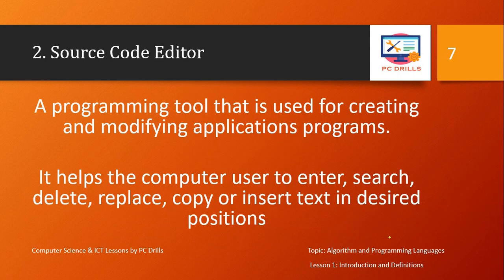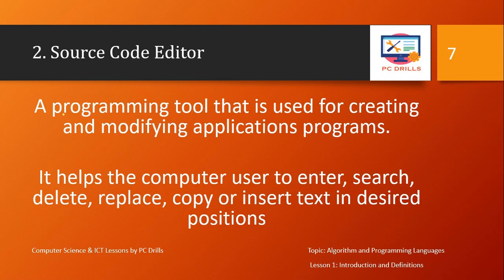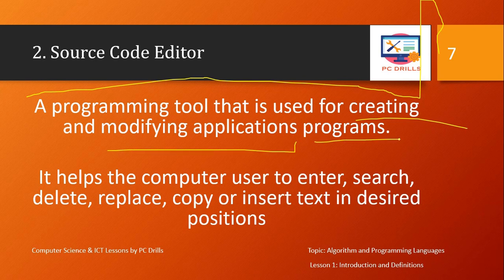Next, we have a source code editor. I've just explained most of it from this. The source code editor of this particular IDE is just this part. Here we say a source code editor is a programming tool that is used for creating, modifying application programs.